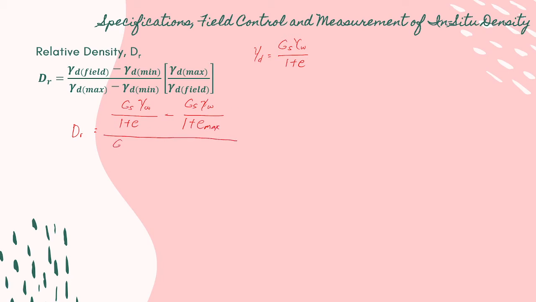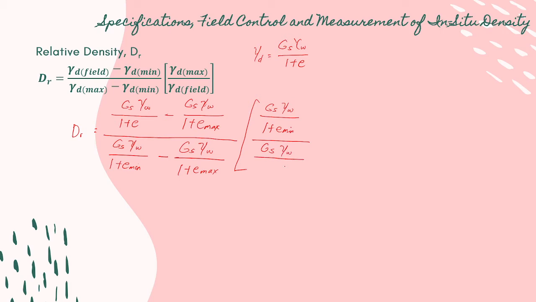And since this is the maximum dry unit weight, our void ratio e should be at its minimum, so G gamma water all over 1 plus e min.